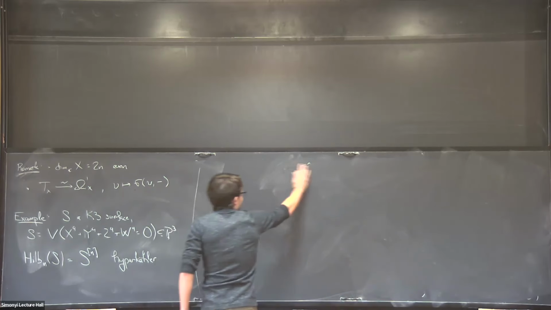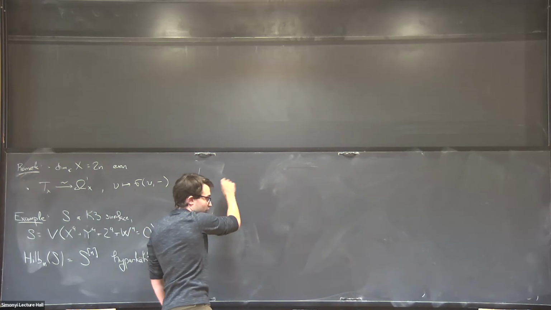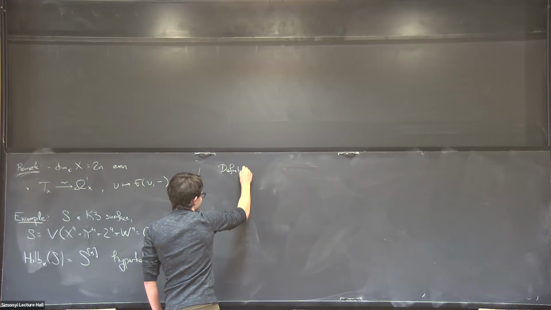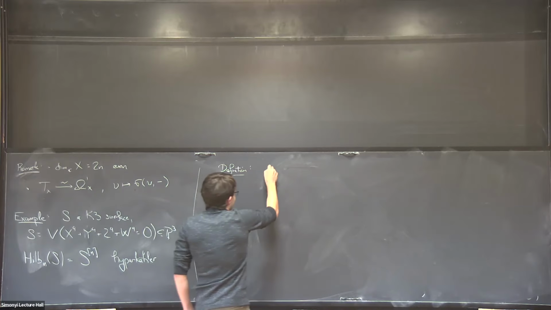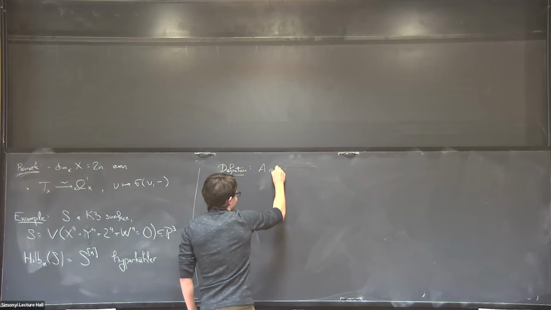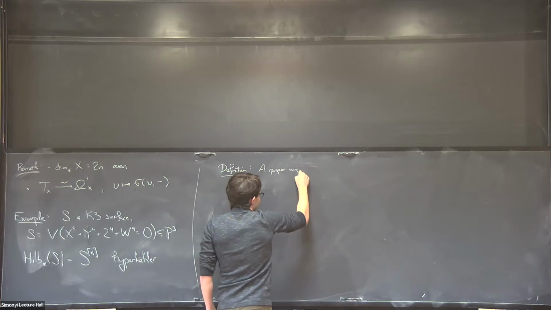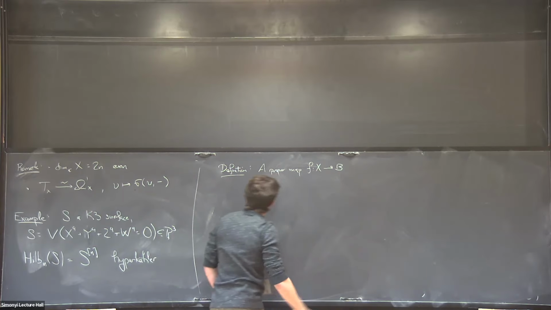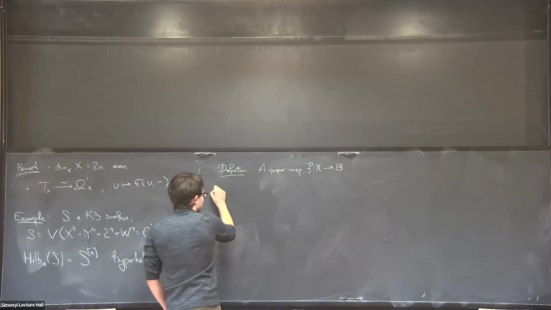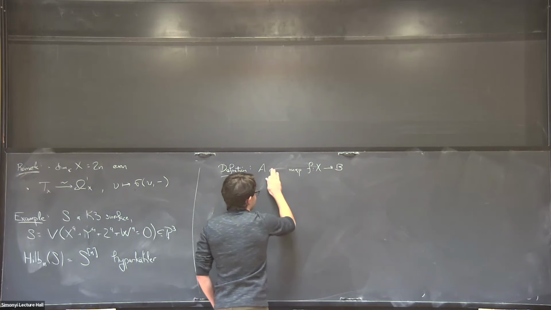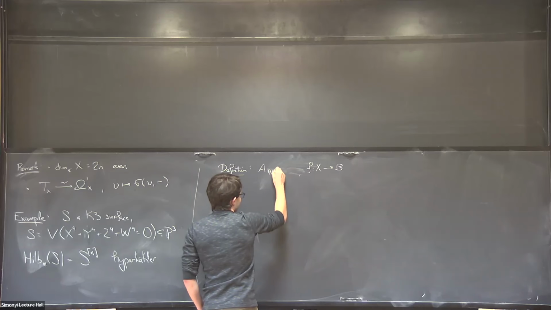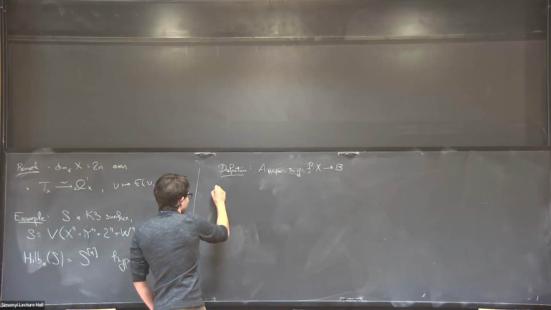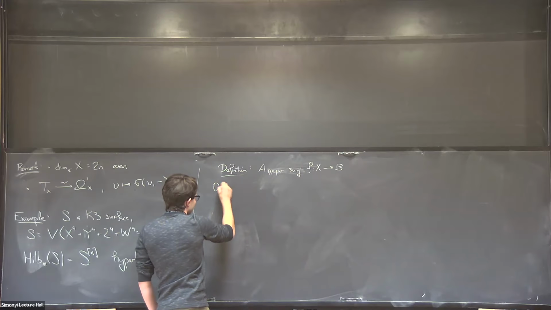So how to get at these? Well, here's one potential avenue. I've given you a symplectic form, so maybe let's use it. Take a proper surjective map F from X to B, where I want B to not be trivial.